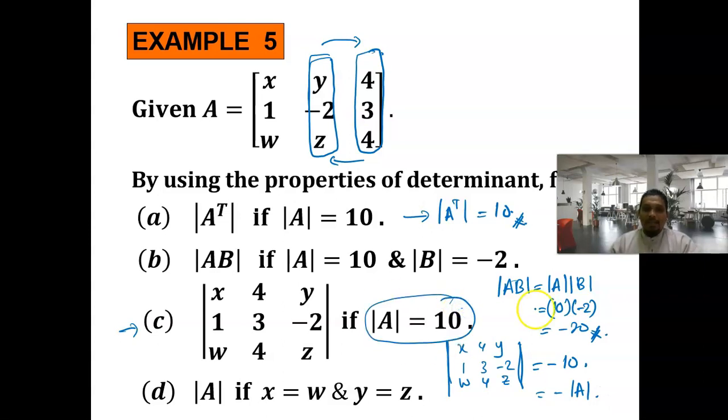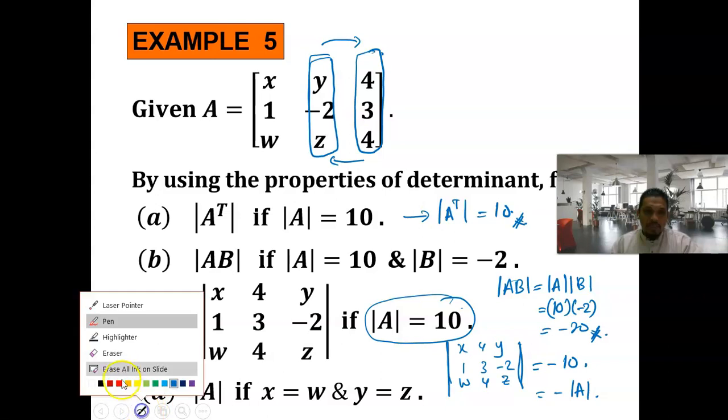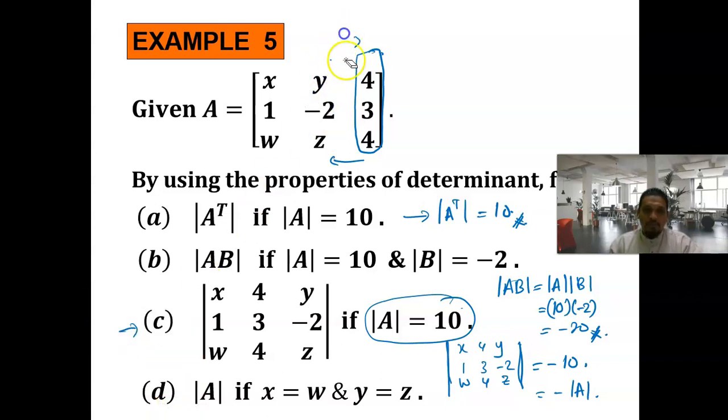And then for the last question, question D: find the determinant of A if x equals w and y equals z. Let's come up with the new matrix. X equals w, so we have x and w; y equals z, so we have y and z.